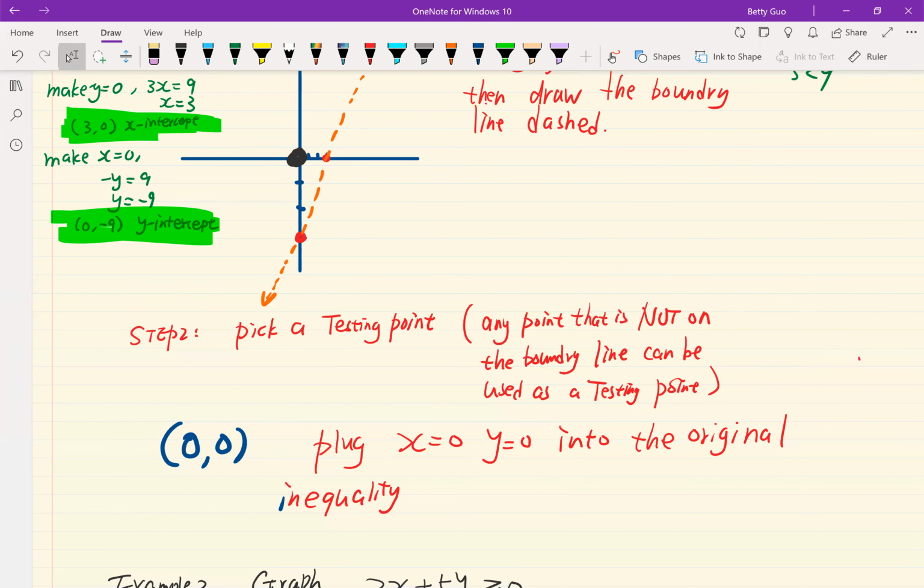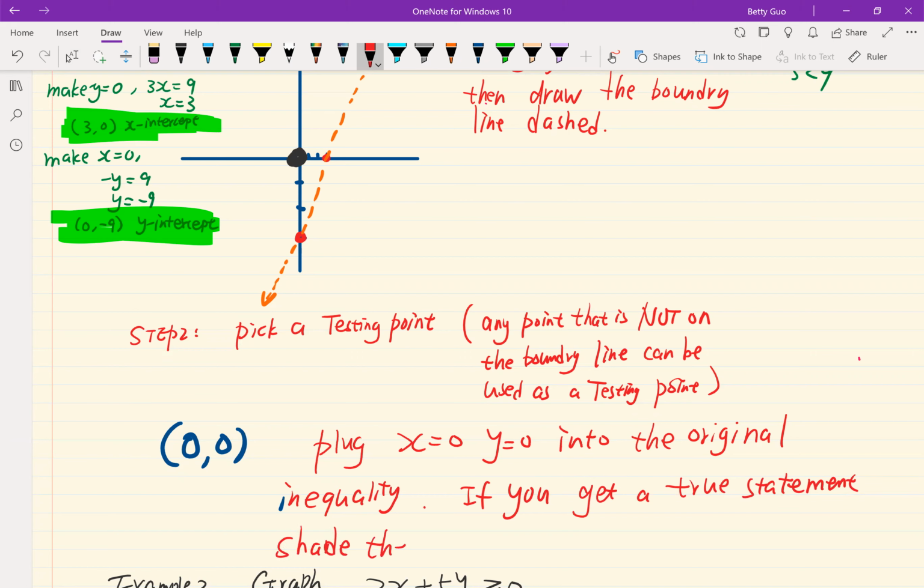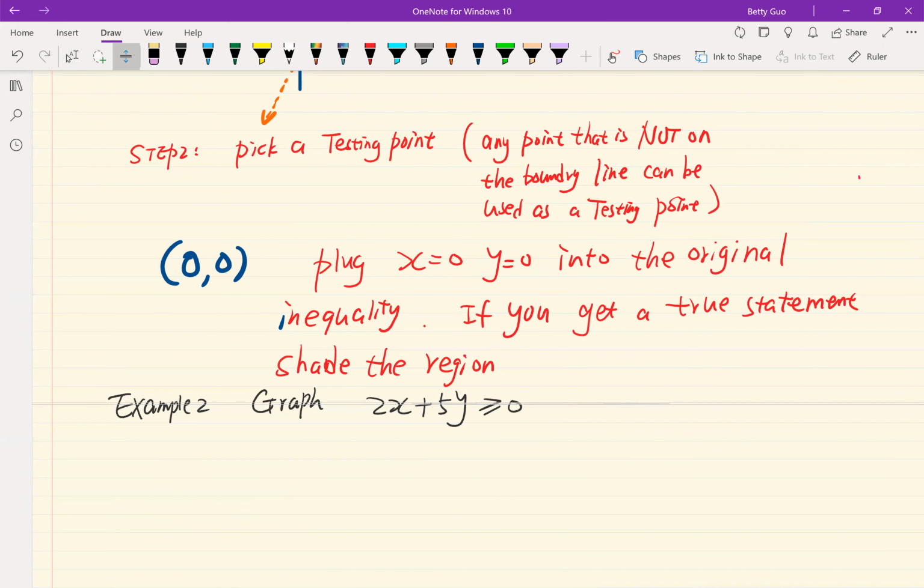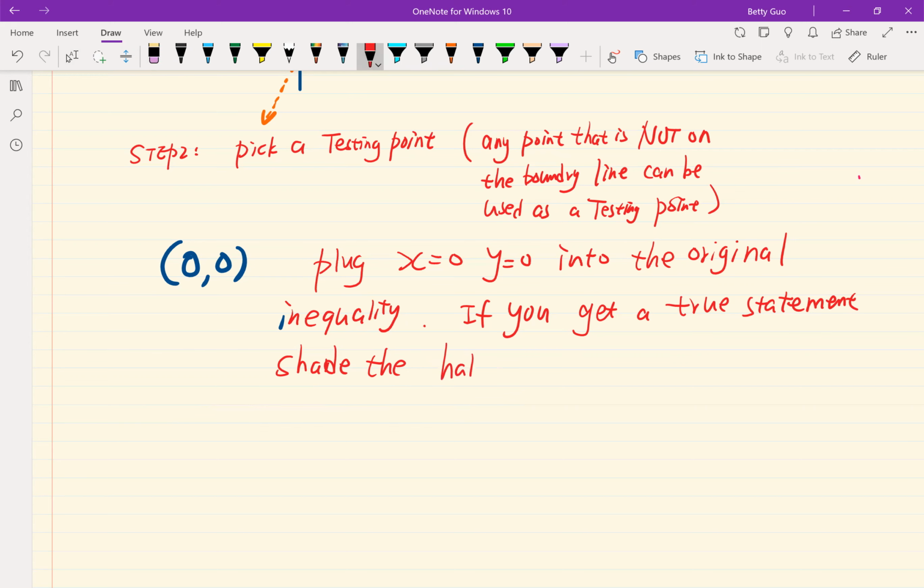If you get a true statement, shade the half plane containing the testing point.